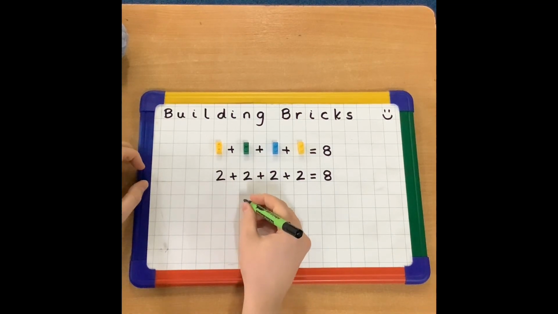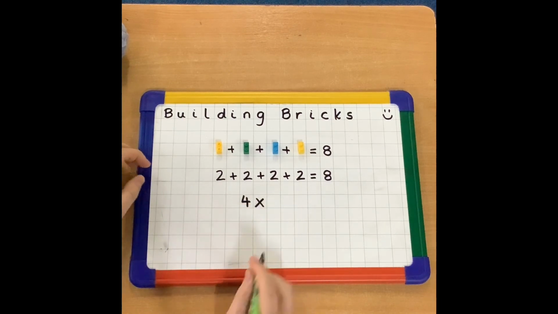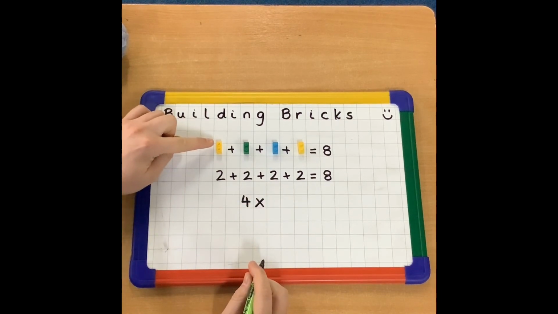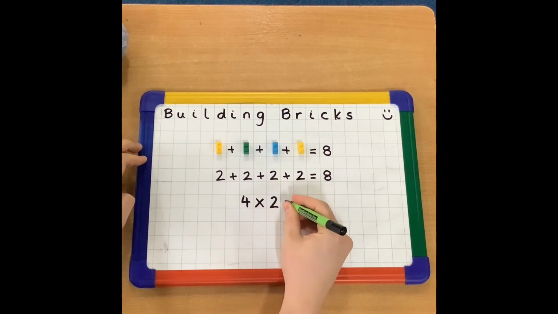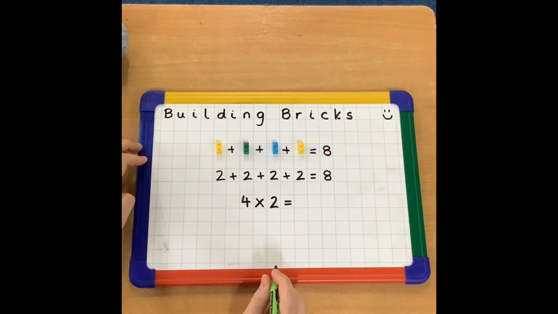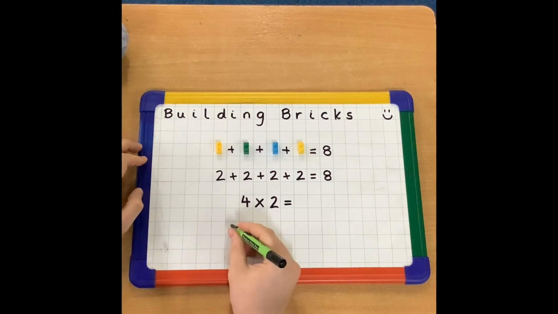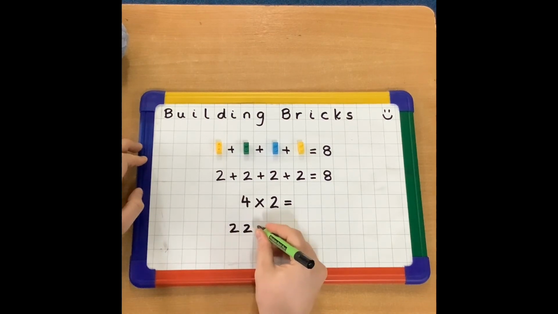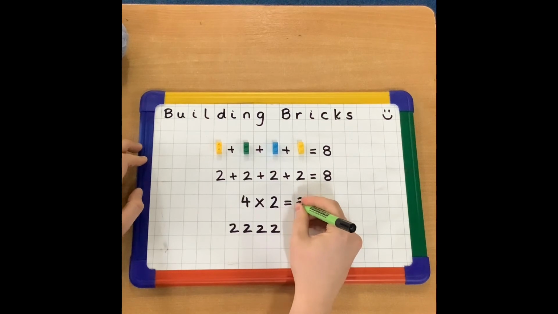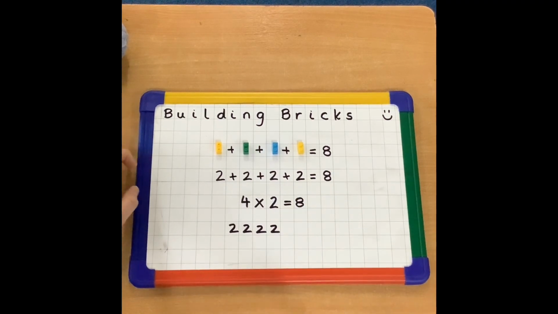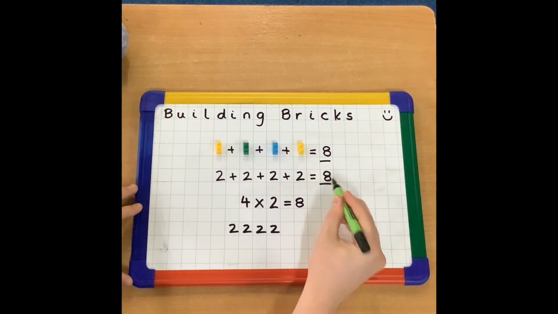So we have 4 groups of, how many dots do we have in each group? 2. 4 times 2 equals, so 4 times 2. We can count in our twos. 2, 4, 6, 8. Gives us the number 8. And you see that the answer is the same each time.